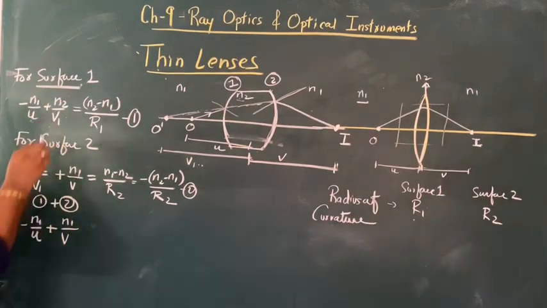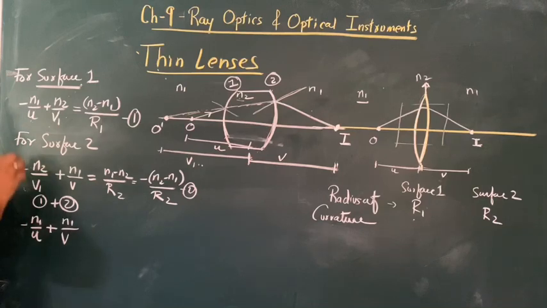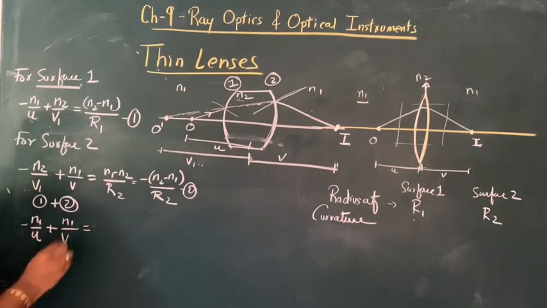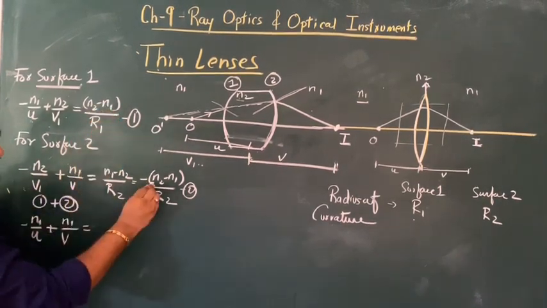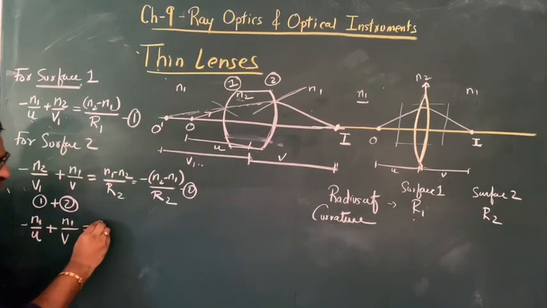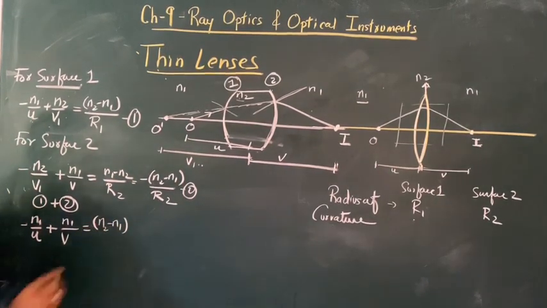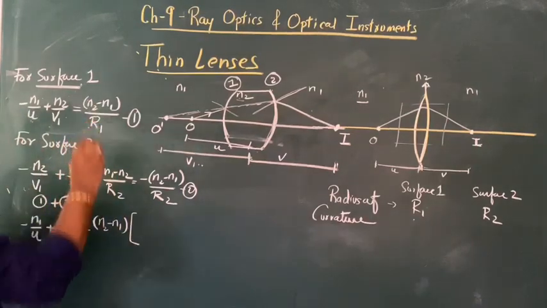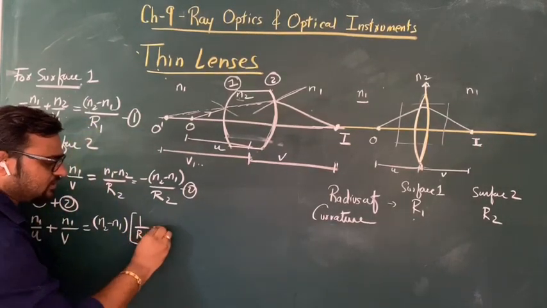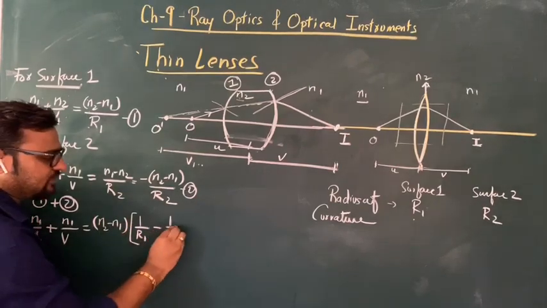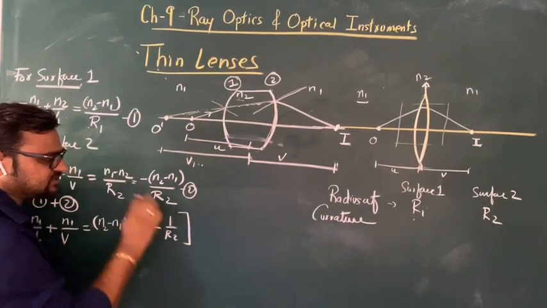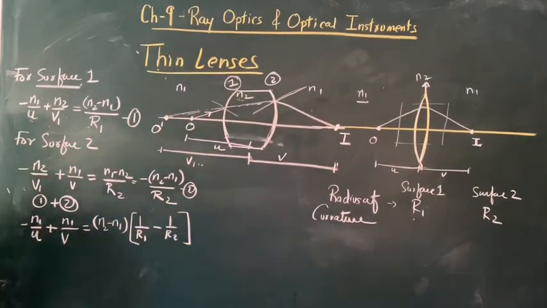So in the LHS, the only remaining part is minus n1 by u plus n1 by v. On the RHS, n2 minus n1 is common, so I will take n2 minus n1 common. Now what is remaining? Here 1 by R1 minus 1 by R2.